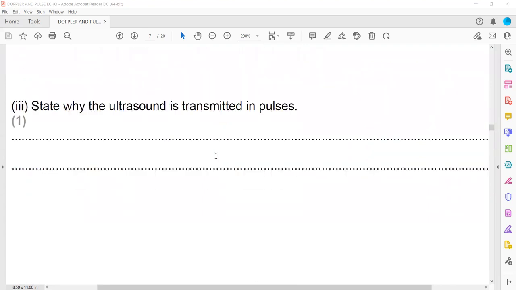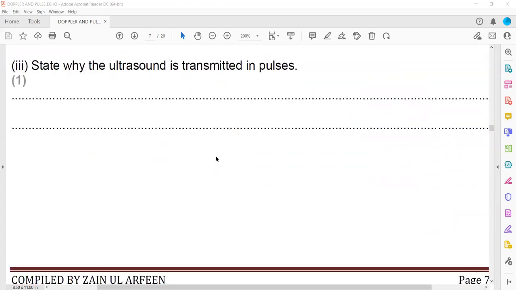State why ultrasound is transmitted in pulses. What is the reason? Whenever we use these waves, we always use pulses. The idea is that one pulse is sent and one is received, so one pulse must return before the next one is sent. Otherwise, if we send a continuous wave, we cannot identify which one is the reflected one and which one we are sending.